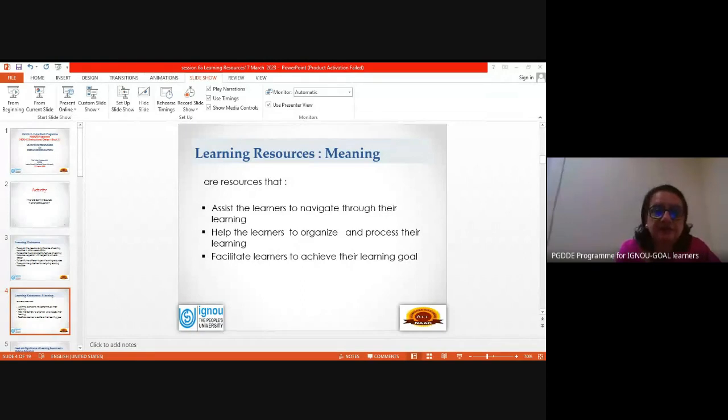The learning material which some of you said, that self-learning material, is the teacher in print. There are other resources which help the learner to navigate through the learning. And these materials help the learner to better organize their learning process as well as facilitate them in their goal.